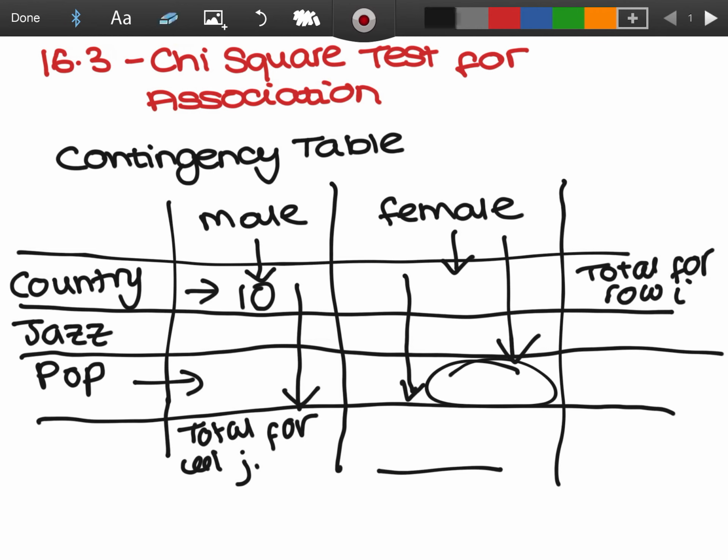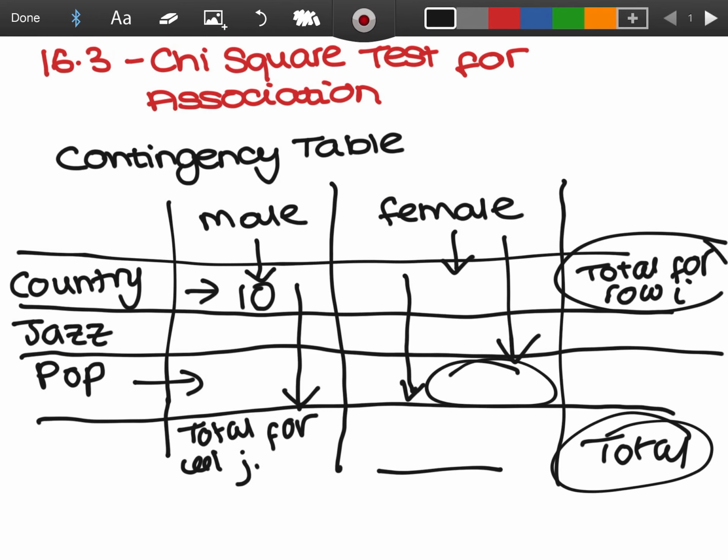And over here would be the absolute total. You could add up the total of all the rows, or you could add up the total of all the columns. It would come to the same number. But what you're going to do is take the total and multiply that by the total of that particular row over the total, multiplied by the total for that particular column divided by the total.